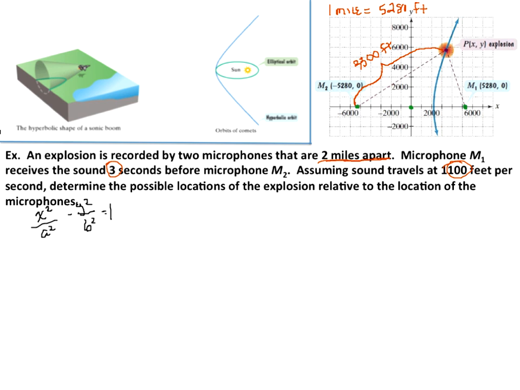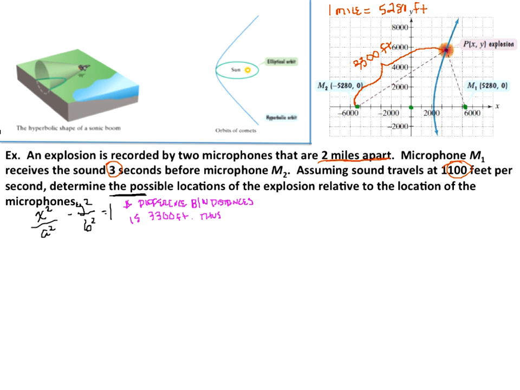Since my foci are on the x-axis, I have a horizontal transverse axis. So that's why my x squared term is going to come first. And I want to point out that the difference between the distances from the definition of a hyperbola in this case is 3,300 feet, because I knew that they were 3 seconds apart.